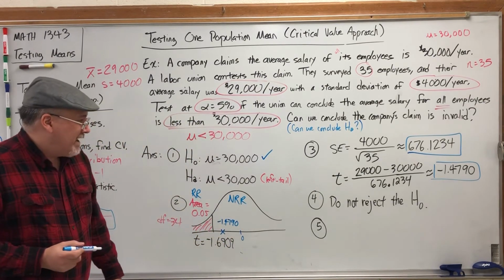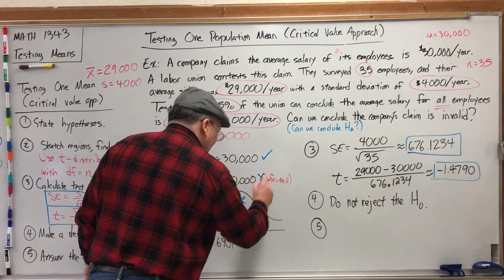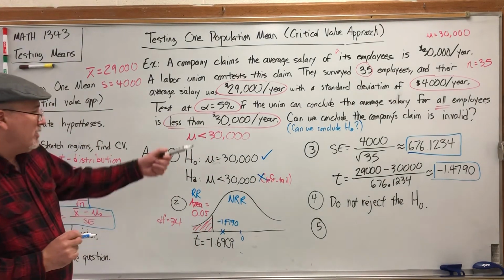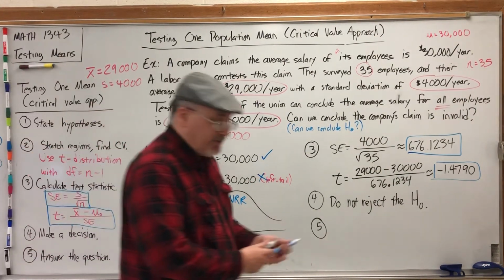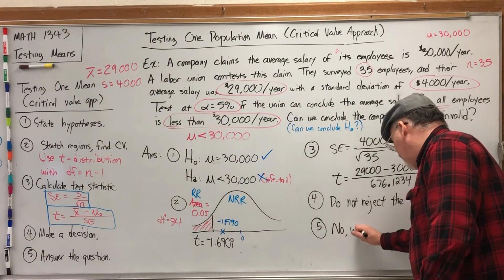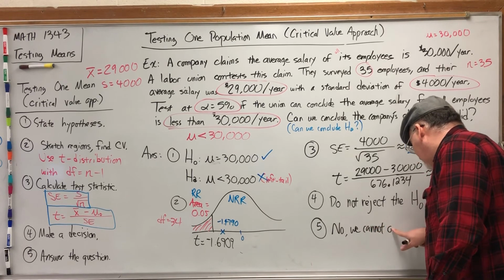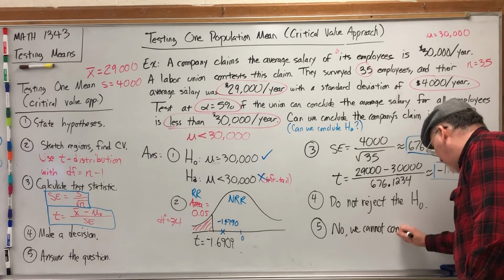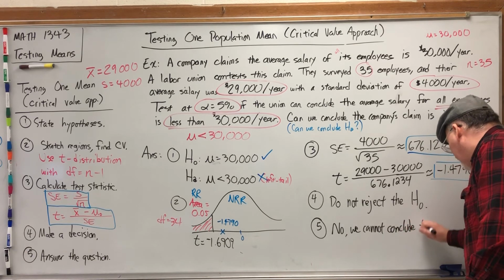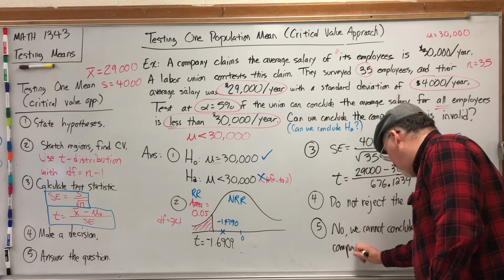But we have to keep only one and get rid of the other, which means we have to get rid of the alternative hypothesis. So can we conclude the alternative hypothesis? We cannot. So to answer the question, no, we cannot conclude the company's claim is invalid.